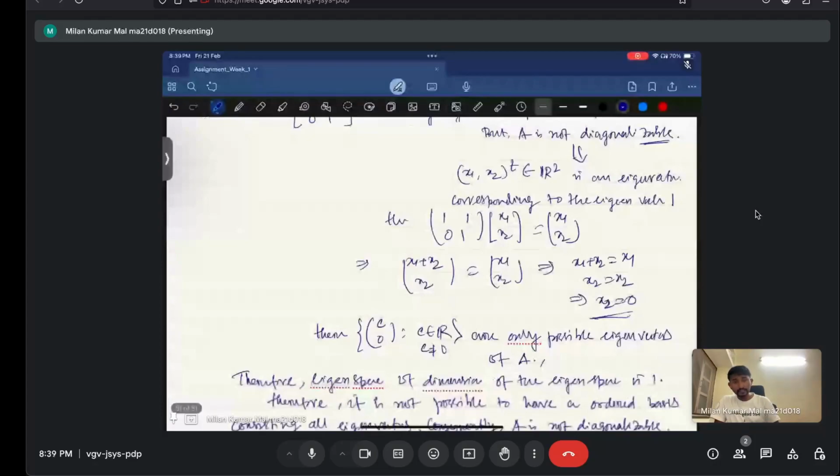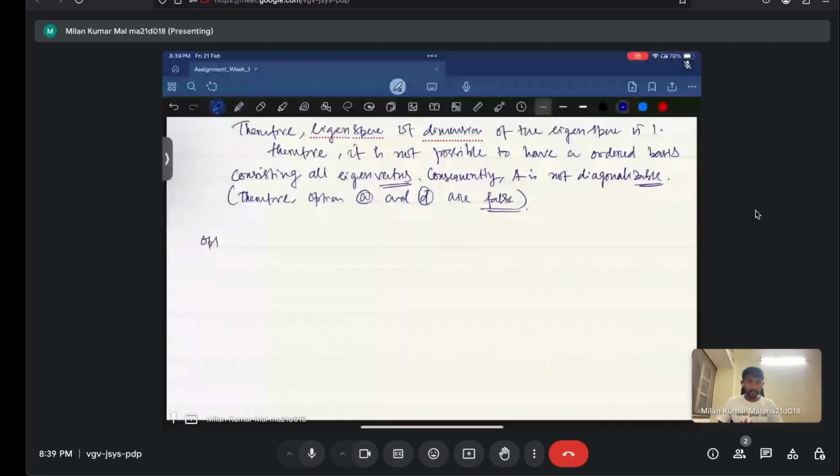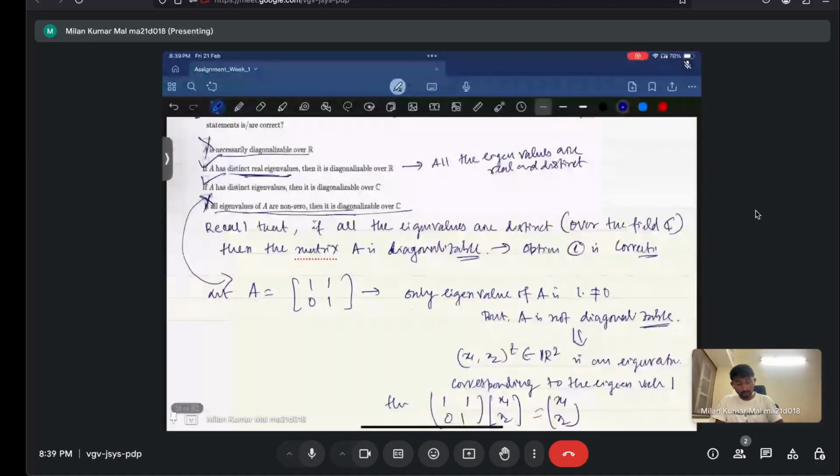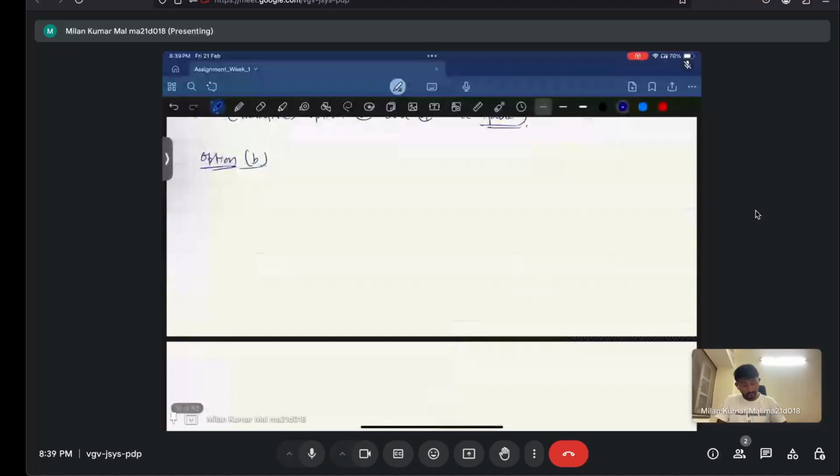Now for option B, it says that if A has distinct real eigenvalues, then it is diagonalizable. This is very interesting. Let's look at it, because this is not that direct.